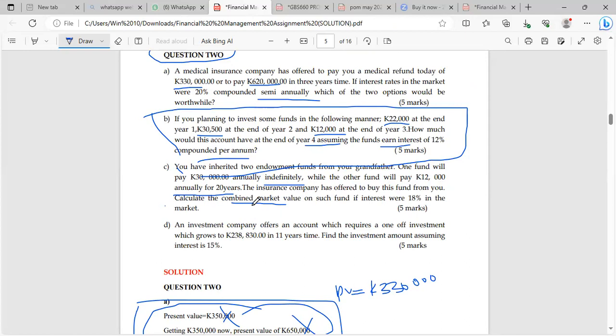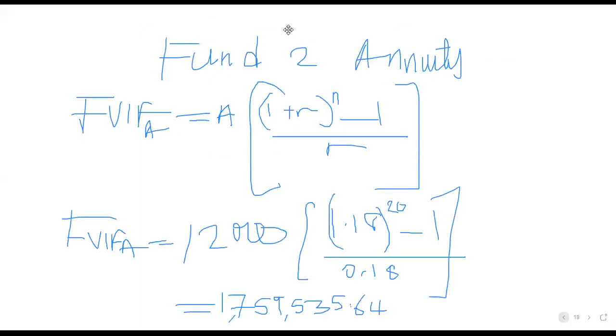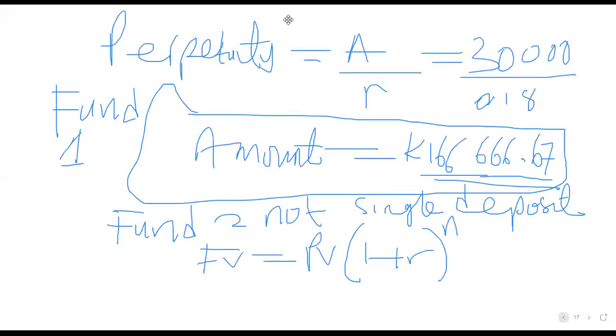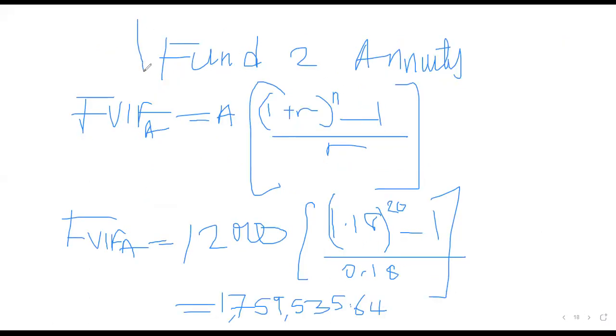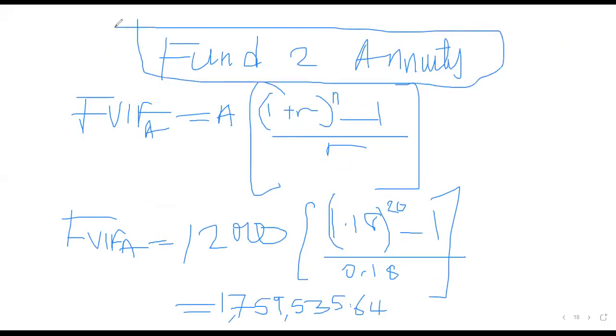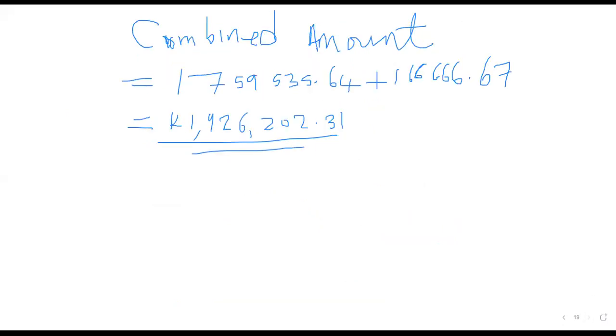So you combine the perpetuity, a continuous future cash flow, plus the other one. We have the perpetuity of that amount. Then this one was an annuity factor, which was ordinary, paying per year. Then we are getting that.